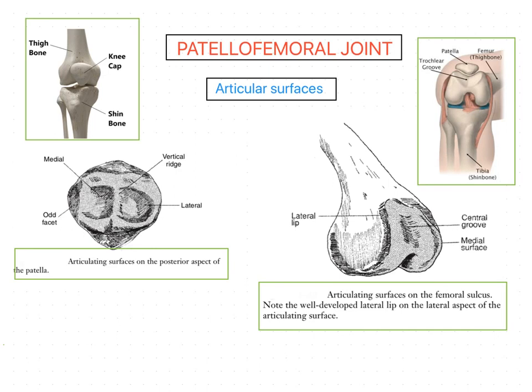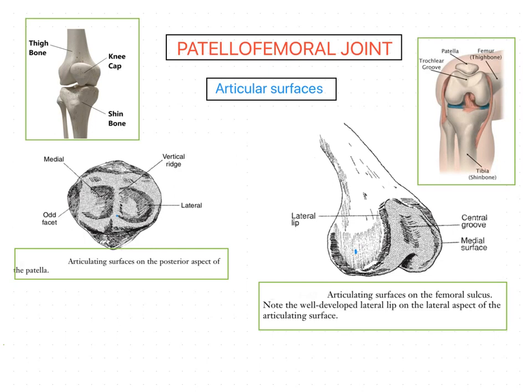The triangularly shaped patella is distinguished by being the largest sesamoid bone in the body, together with the femoral condyles on which it sits. The patellofemoral joint is also the least congruent joint in the body.